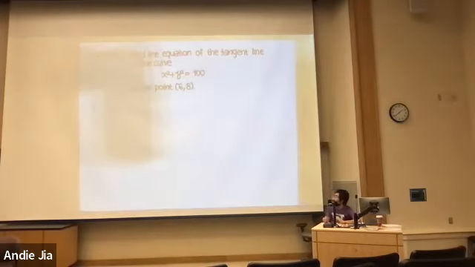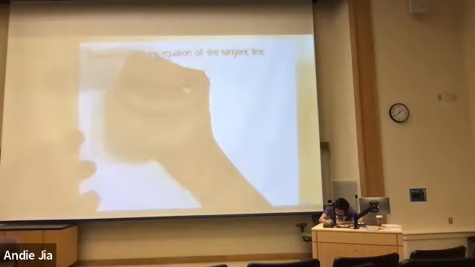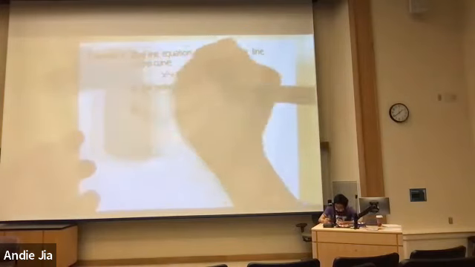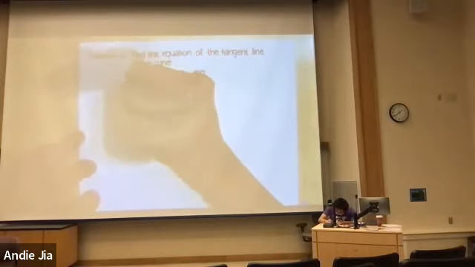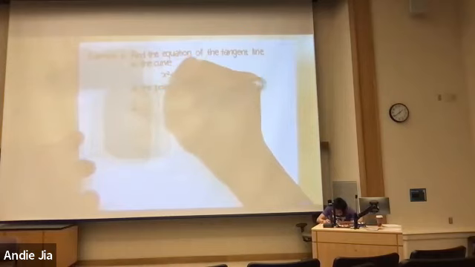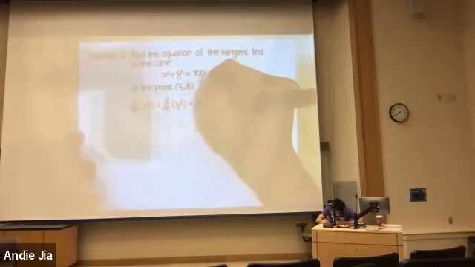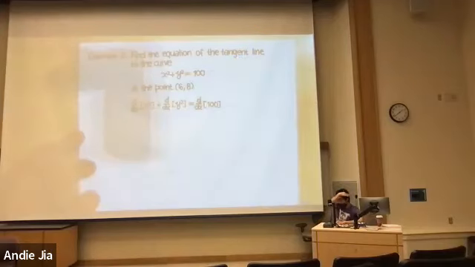Okay, it's kind of the same process to find dy dx. So we differentiate both sides. d/dx of x squared plus y squared equals d/dx of 100.